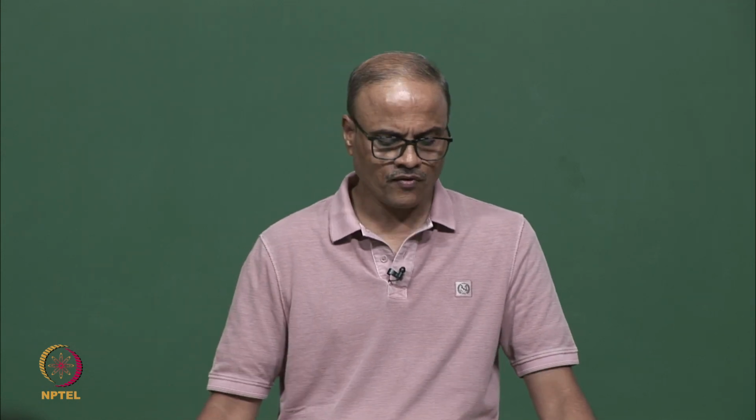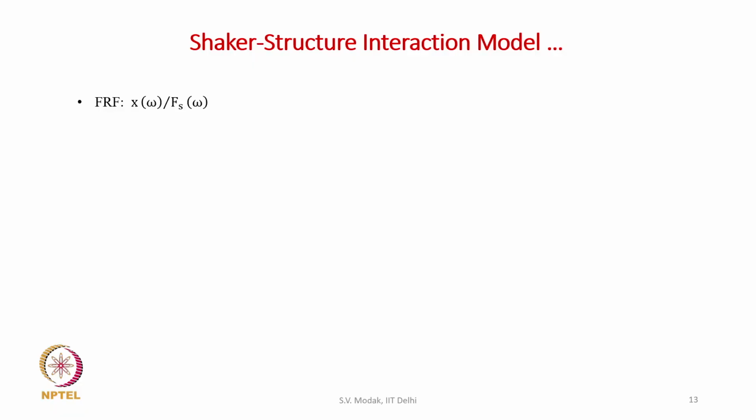Let us look at the FRF x upon Fs. What is Fs? Fs is the force shared by the structure. So, the total force F can be written as Fs plus Fe.